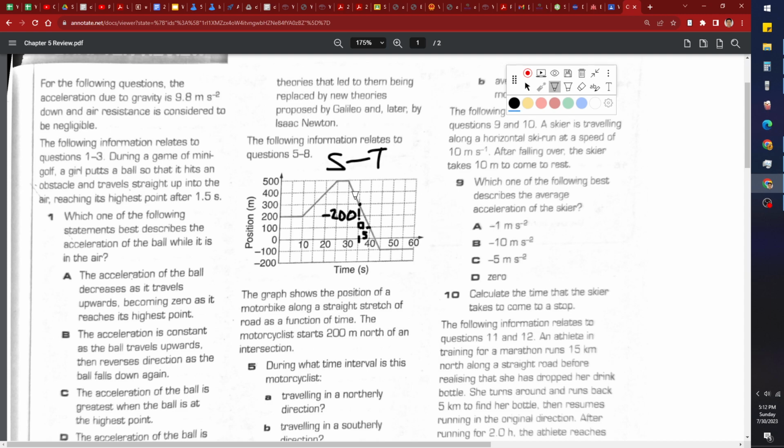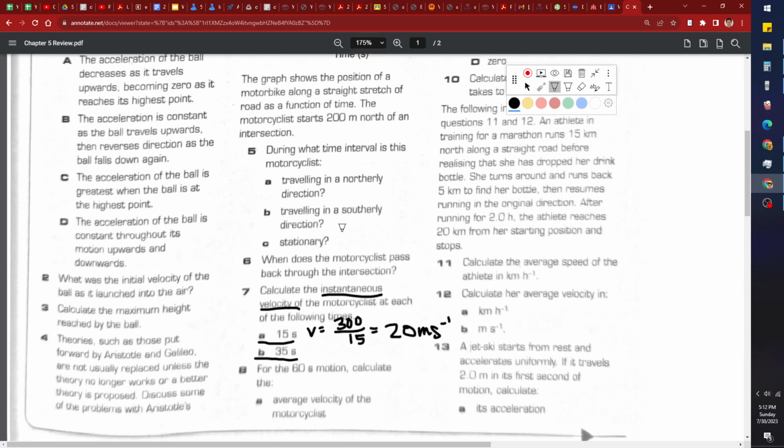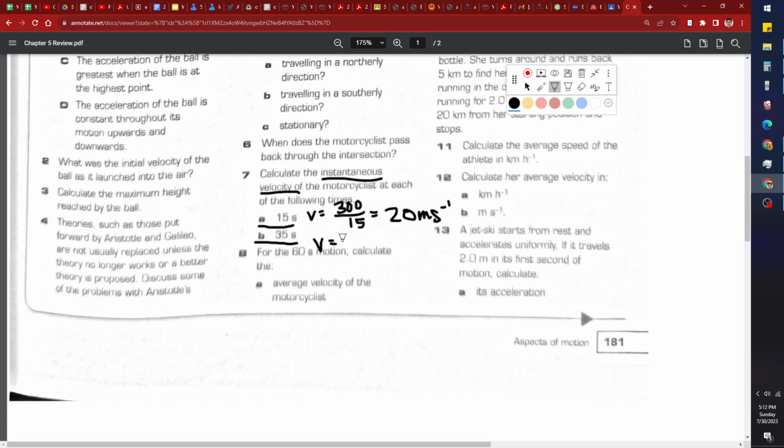So our velocity is going to be negative 200 divided by 5 seconds, and we get negative 40 meters per second at 35 seconds.